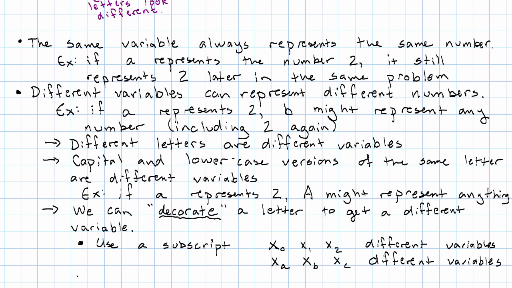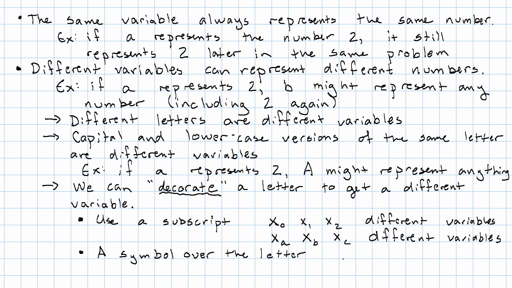Sometimes we also have a symbol over the letter. We might have an X with a bar over it, an X with this pointy symbol that's called a hat over it. These are also different variables. In this class, we will typically restrict ourselves to using different letters for different variables.